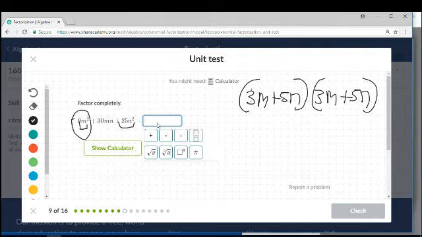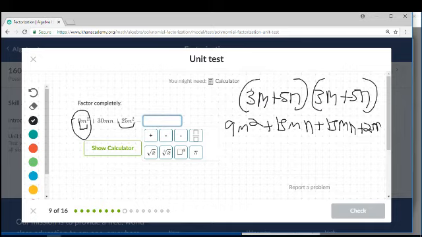So 3m times 3m is 9m squared. Then 3m times 5n is 15mn, plus 15mn. 5n times 3m is also 15mn. And then 5n times plus 5n is going to be plus 25n squared.